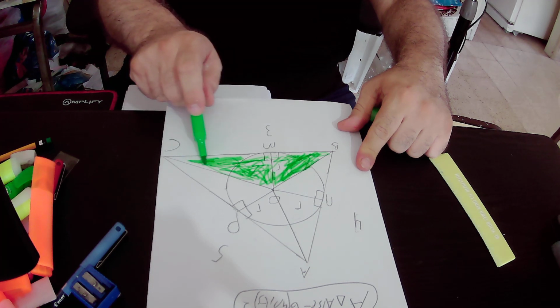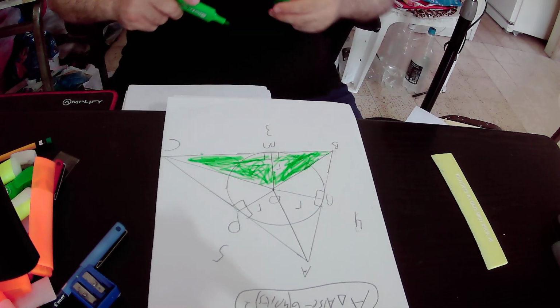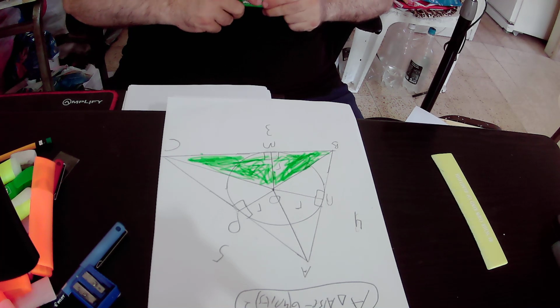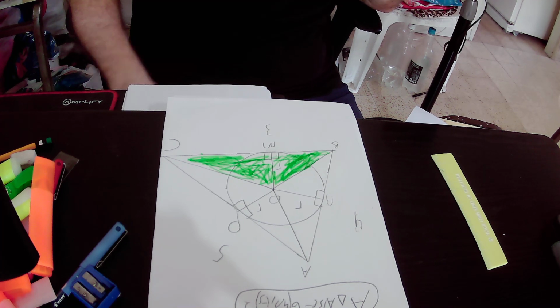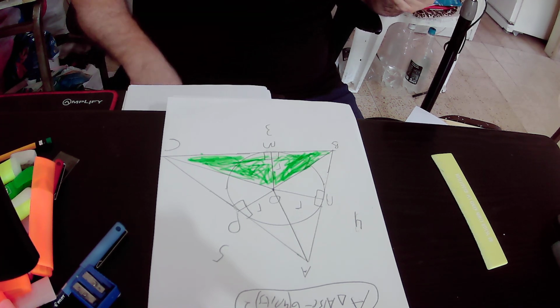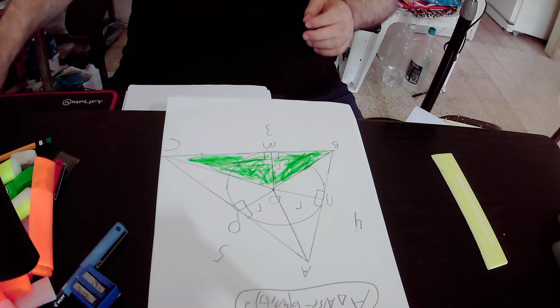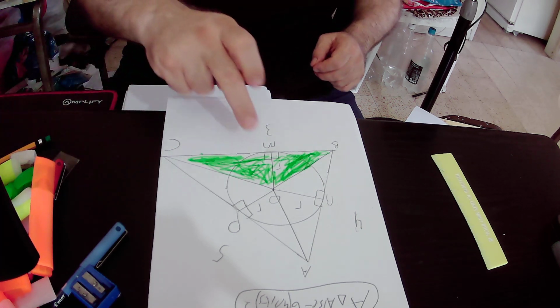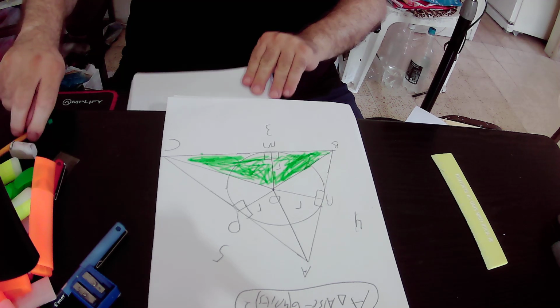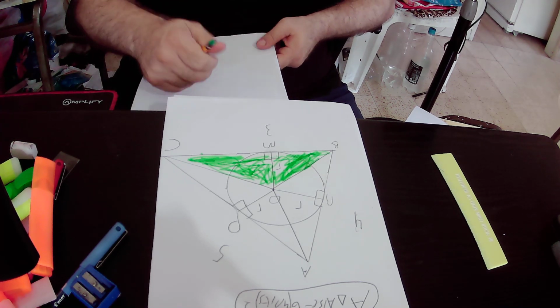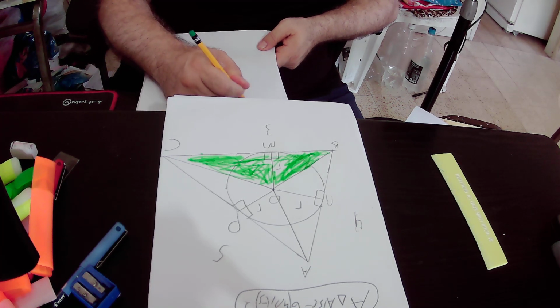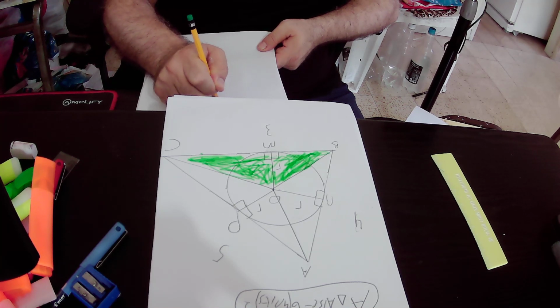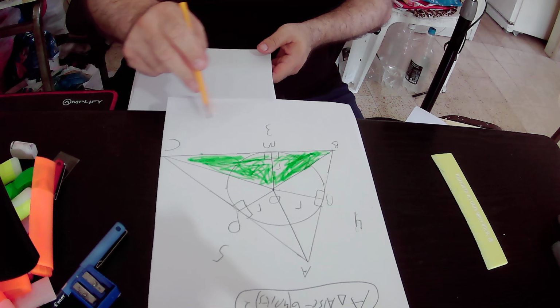So according to the formula that I presented 2 minutes ago, the area of any triangle is the base of the triangle times the height to the base divided by 2. So the area of the green triangle, that is triangle OBC, equals the base of the triangle.